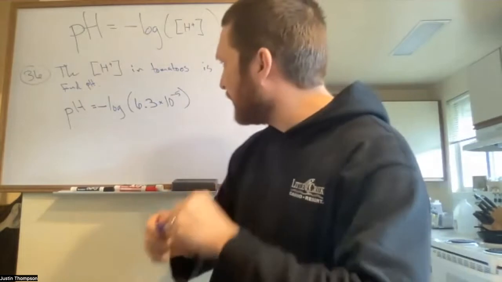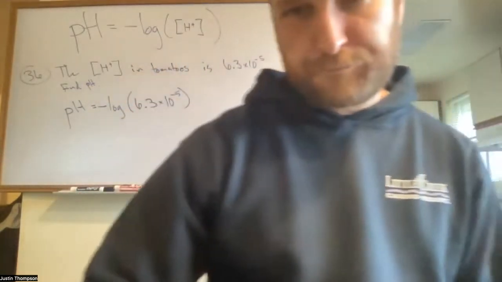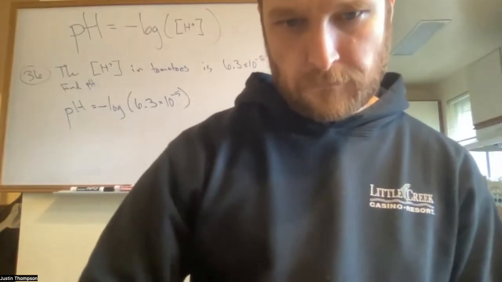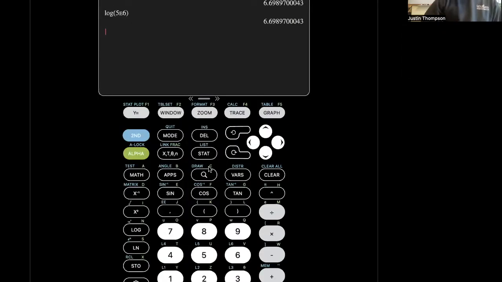I'm going to pull up my calculator and compute log of that stuff right there. So here we go. Log base 10 of 6.3 times 10 to the, so I use the E key, -5, negative sign 5. And that gives me a negative number.